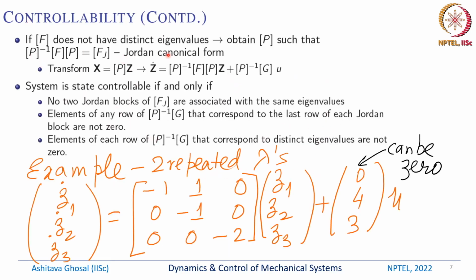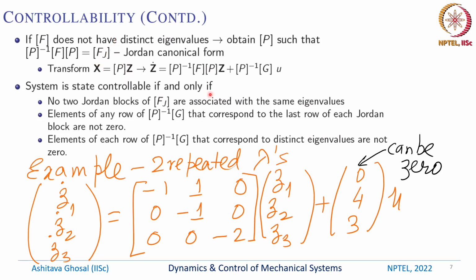If F does not have distinct eigenvalues, then it becomes a little bit more complicated, but nevertheless the idea remains the same. We can again obtain a P such that P inverse F P is the Jordan canonical form of this matrix F. So again we transform x equals Pz, and again we get z dot is P inverse F P z plus P inverse G u.